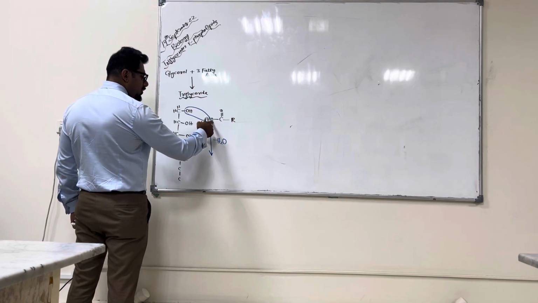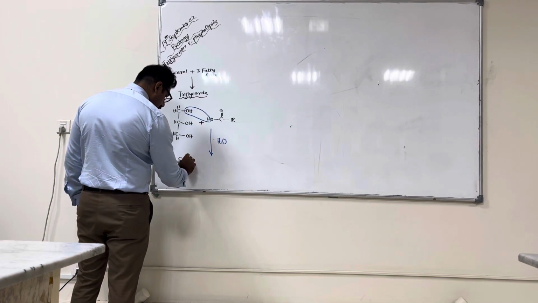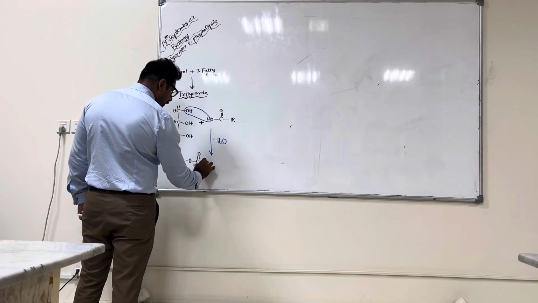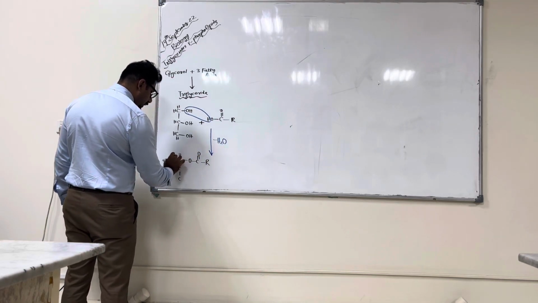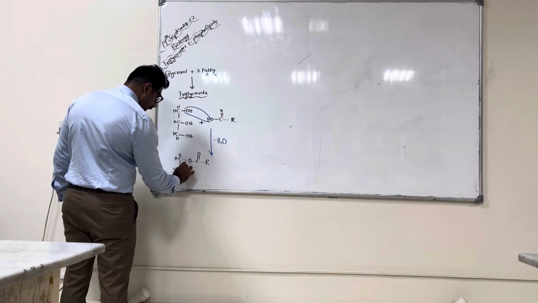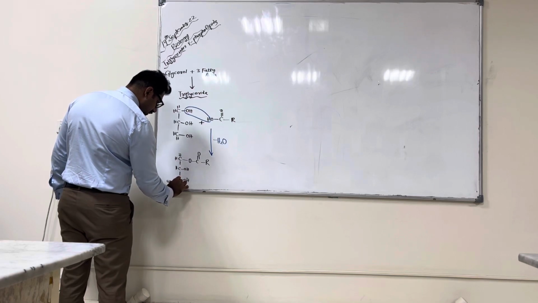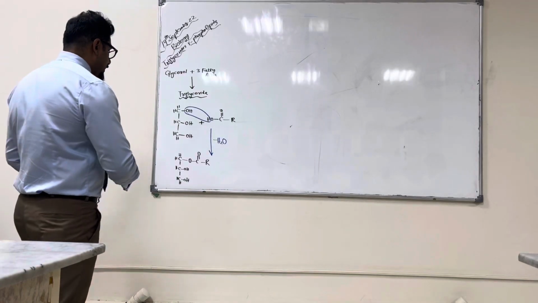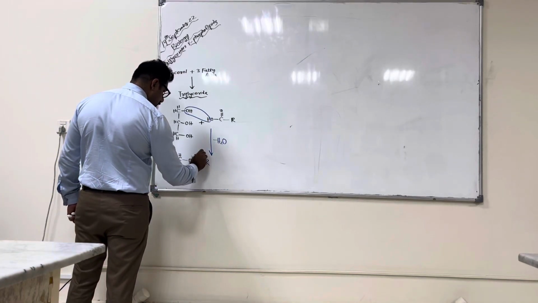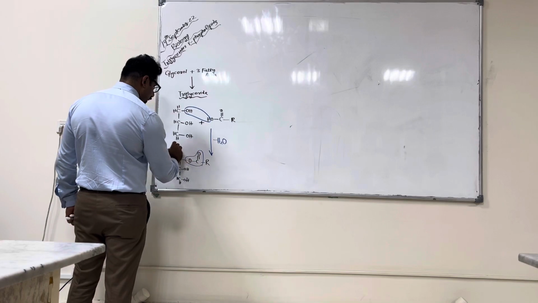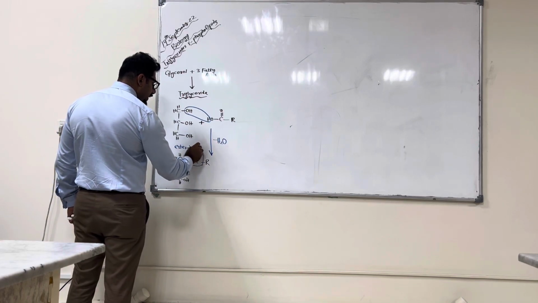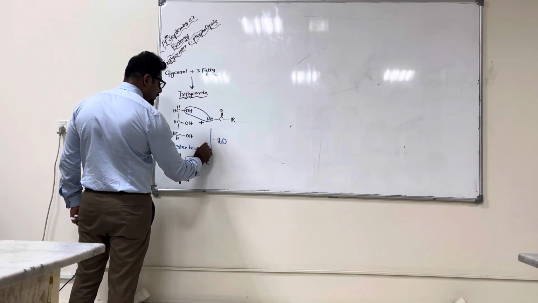Now, this oxygen is left, so this carbon will make the bond with this oxygen, and this compound will be formed. It has OH over here, OH over here, and the rest is this. If you remember, we discussed that this bond is called an ester bond, or it can also be referred to as an ester linkage.